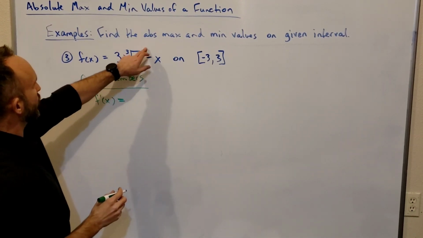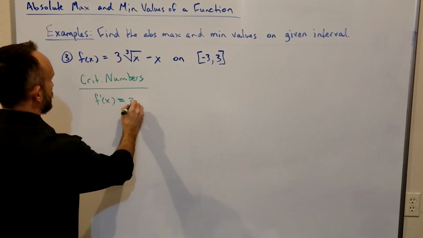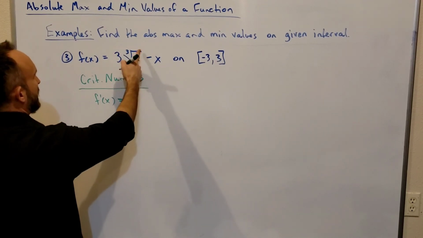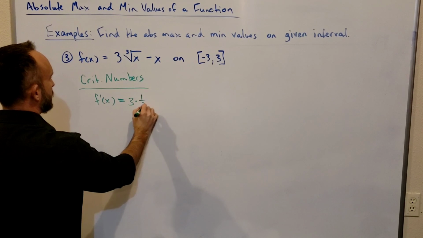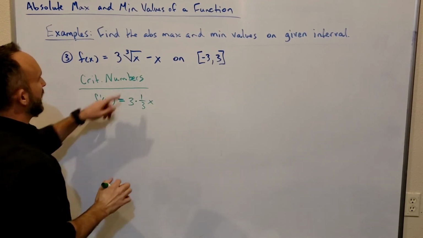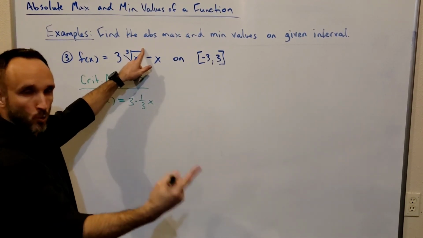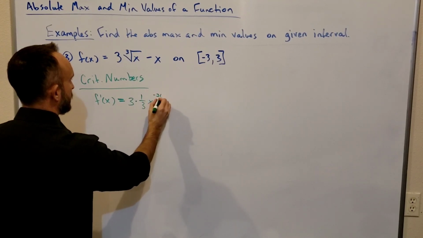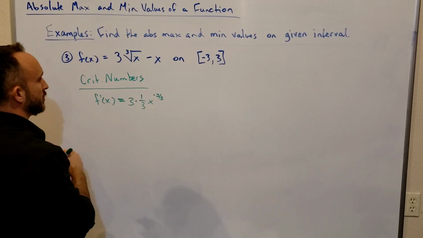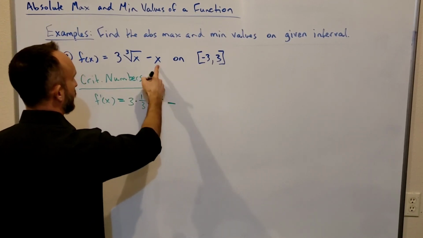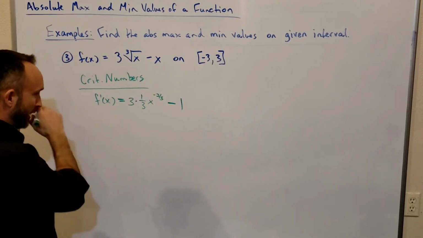So this is x to the 1/3 power. So I've got my coefficient of 3. And if I do the power rule, I'll bring my 1/3 power down to the front times x. And then the 1/3 power has to subtract 1 to give us -2/3. So we've got 3 times 1/3 x to the -2/3 power minus the derivative of x is 1. Okay?